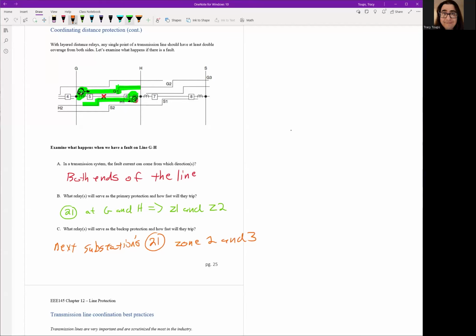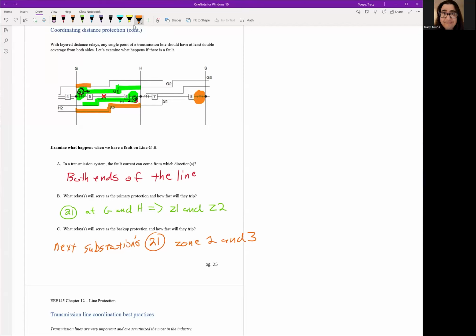Okay, so for here, let's use that. It'll be this zone right here. So this is either zone 2 or zone 3 from this relay right here. Okay. That is a backup to our line GH.